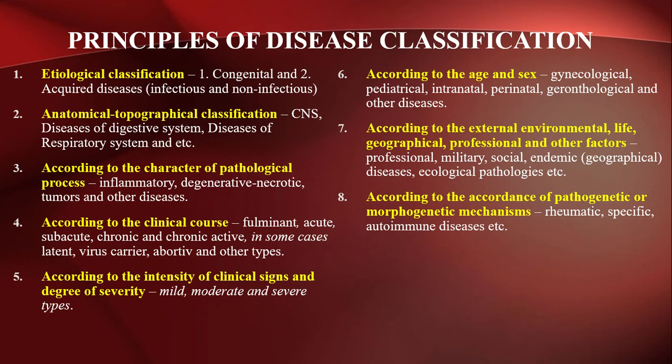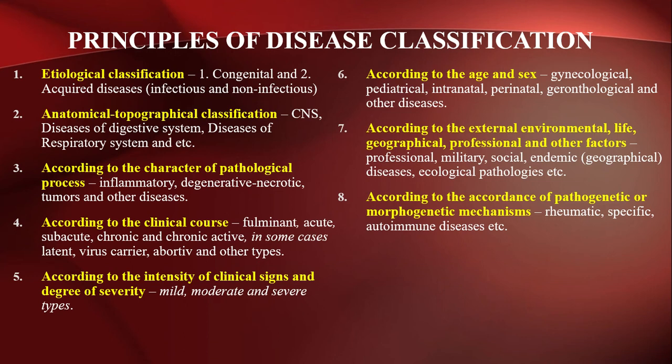There are several principles of classification of the diseases. First, etiological classification. The diseases are classified into congenital and acquired diseases, and acquired diseases are also divided into infectious or communicable and non-infectious or non-communicable.